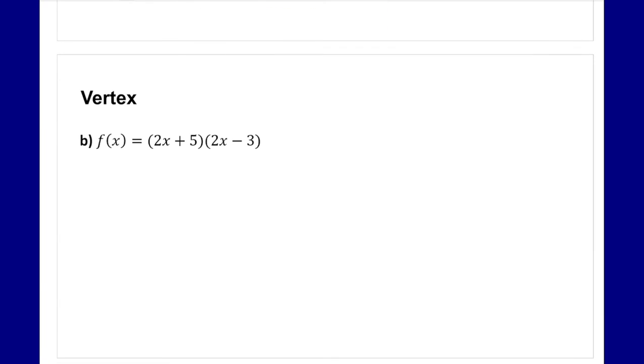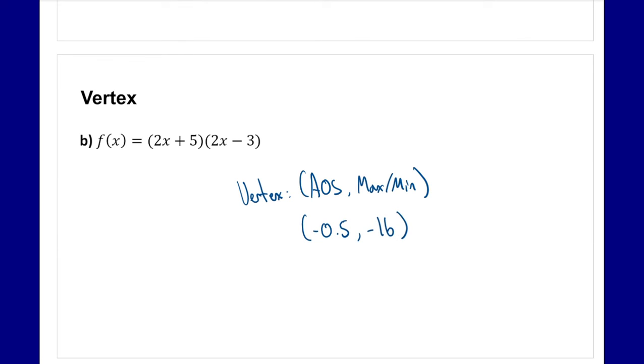For the second one, again, same idea. The axis of symmetry was negative 0.5 and our max or min was negative 16. So we put those two pieces together, we have our coordinate for the vertex.